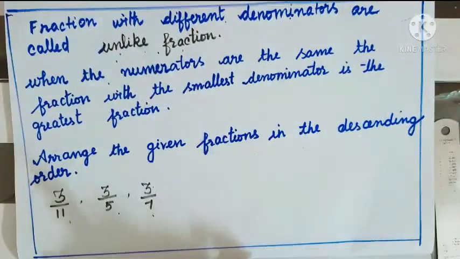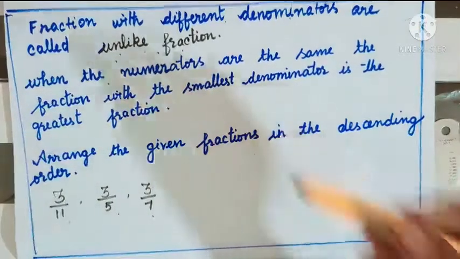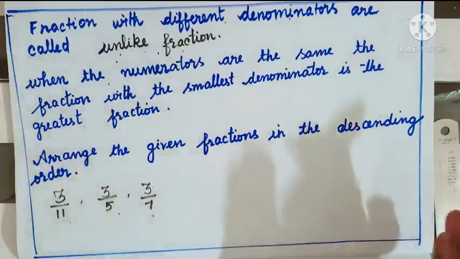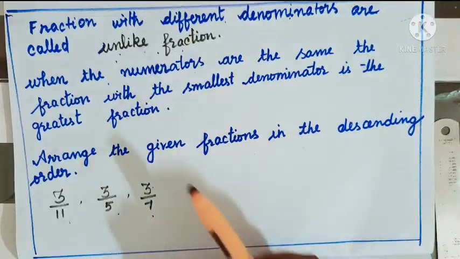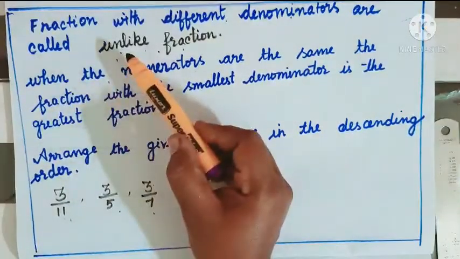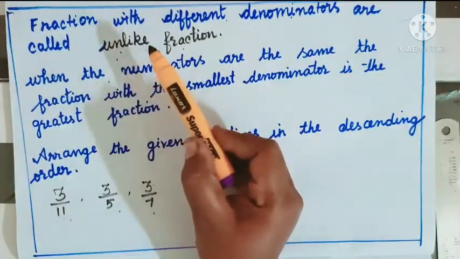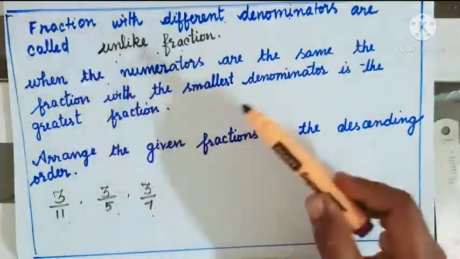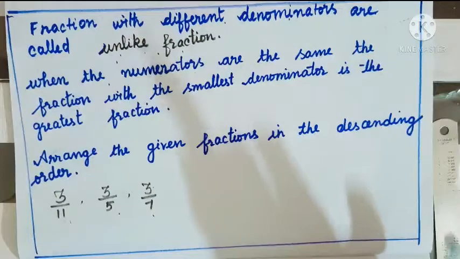I hope you can understand the difference between like fractions and unlike fractions. Like fractions, the denominators will be same. But unlike fractions, the denominators will be different. Understand? Yes. You can easily remember with this, like's opposite is unlike, isn't it? So, like means denominators are same, unlike means it is different. That's all. Very simple. Okay.